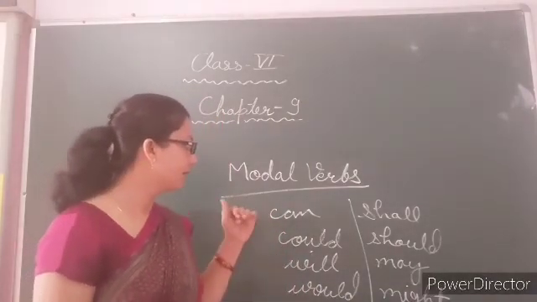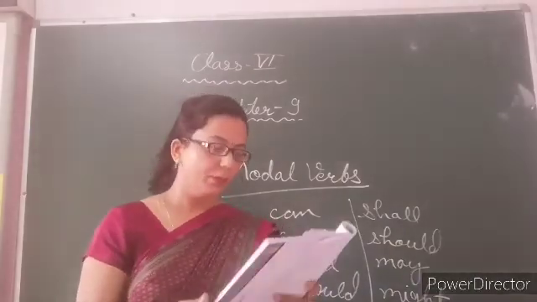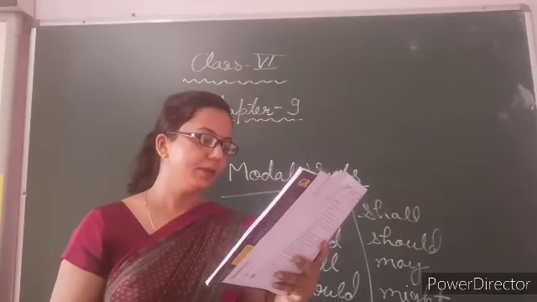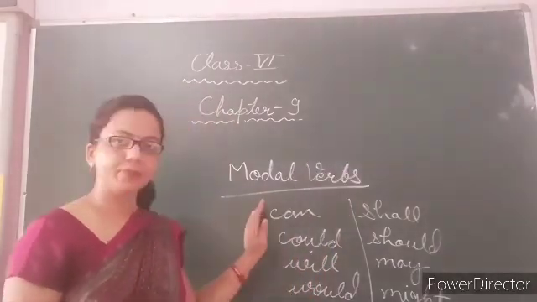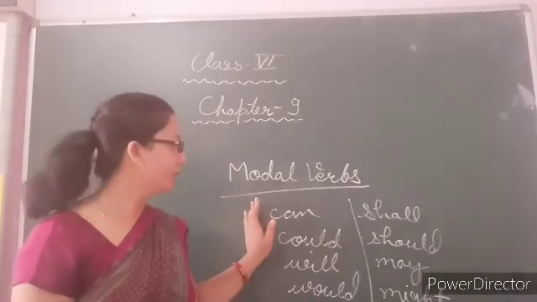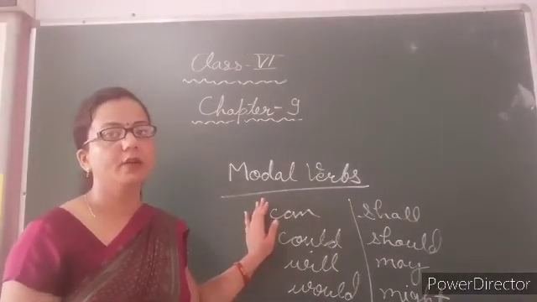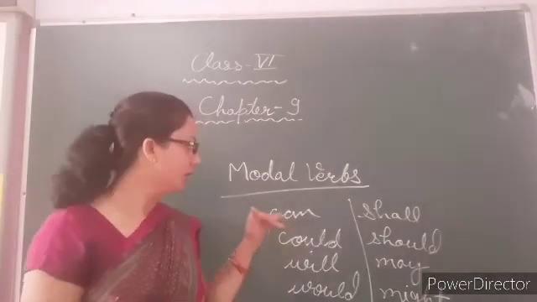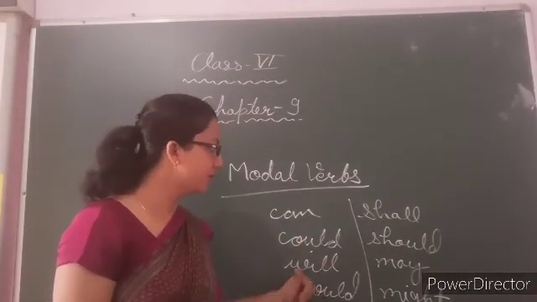Now can, if you want to take some permission, so have a look. We can visit the museum today. So here can is showing possibility that tomorrow you will go to the museum. My dear students, have a look. Can, past form is could. Will, past form is would.